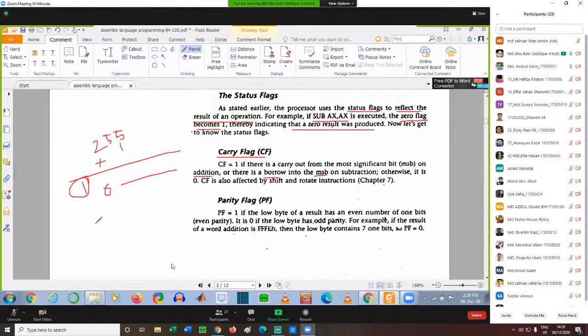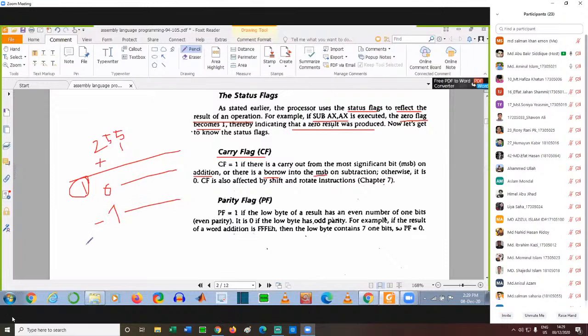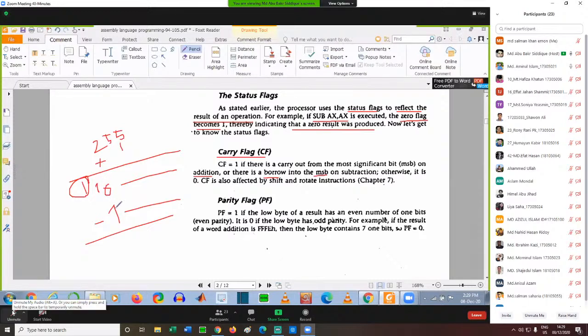The number you are going to subtract will be higher. Suppose you have 1, ignore all those other bits. Just consider the most significant bit when you perform the operation, and when you come to the most significant bit, this is the 0 and this is the 1, so you have to borrow here. At the most significant bit, MSB, you have to borrow. That means when you subtract a bigger number from a smaller number, in that case you will get a borrow, right?